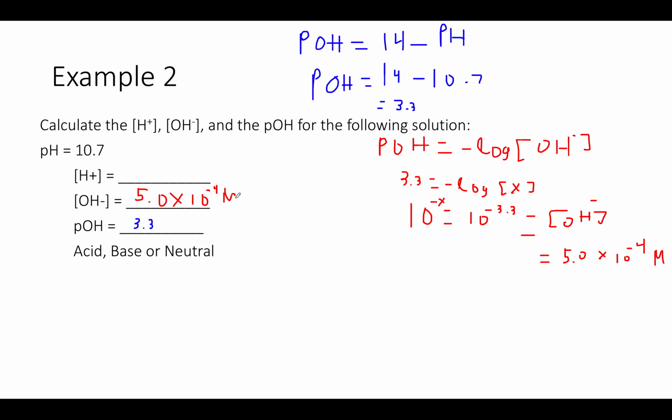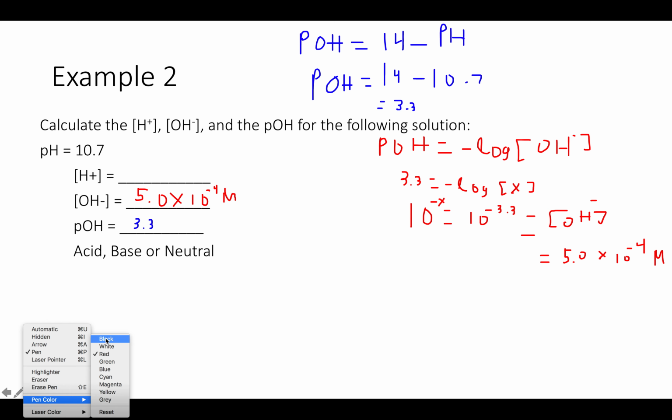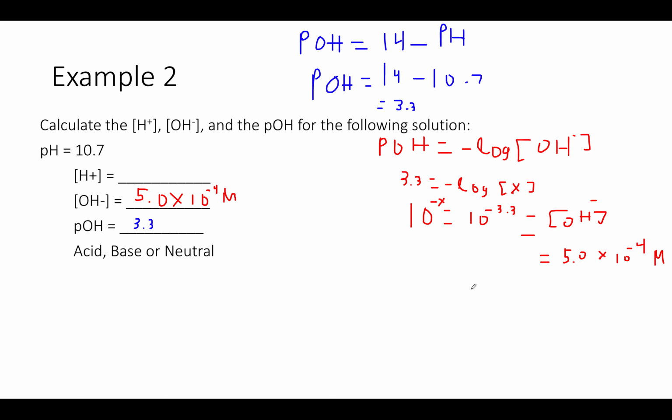Okay, last thing we need to do is find the hydrogen ion concentration. Well, that's very similar to what we just did for the OH concentration. The pH equals the negative log of the hydrogen ion concentration. So when you raise 10 to the negative pH, 10.7, you're canceling out the negative log by raising it to 10 to the negative power.